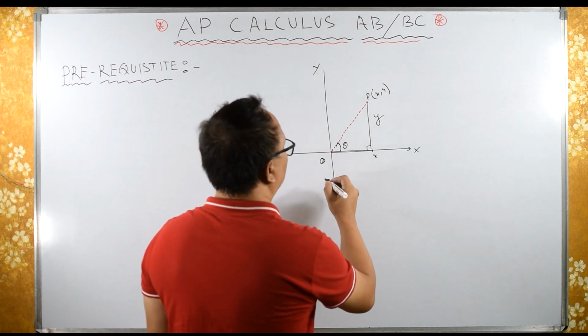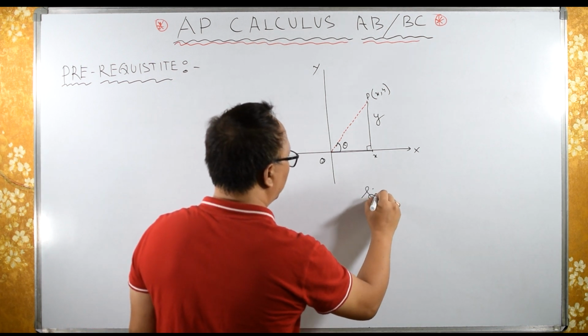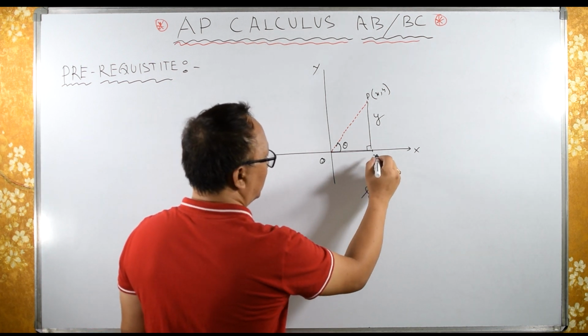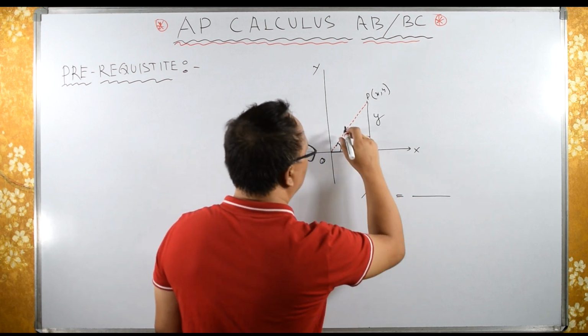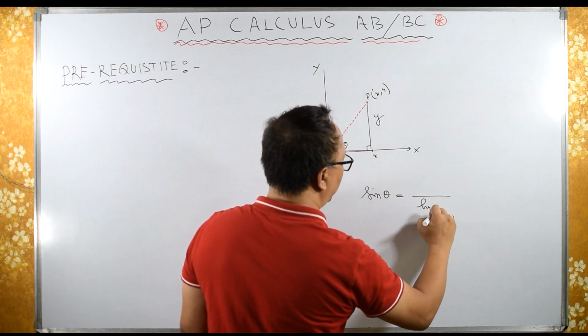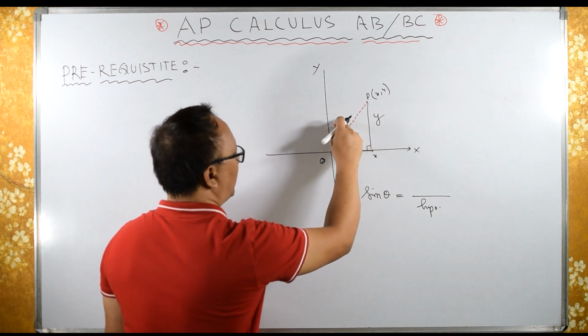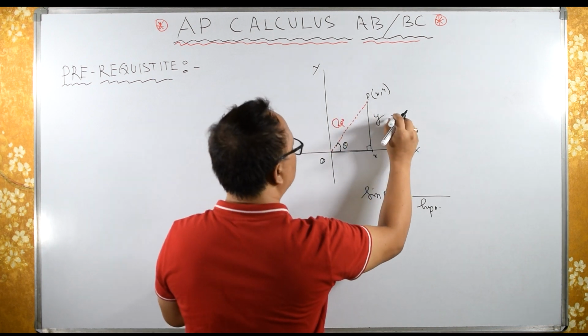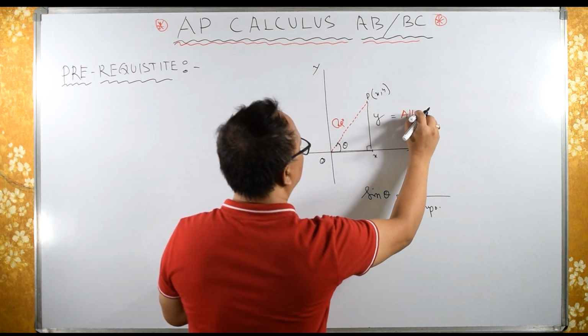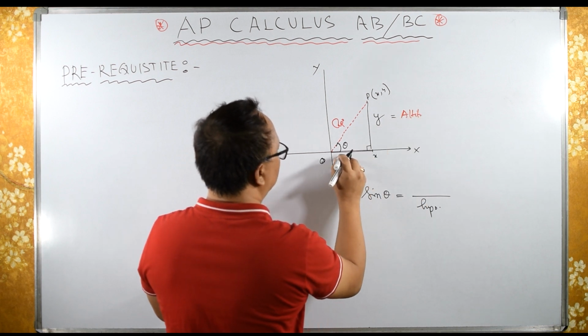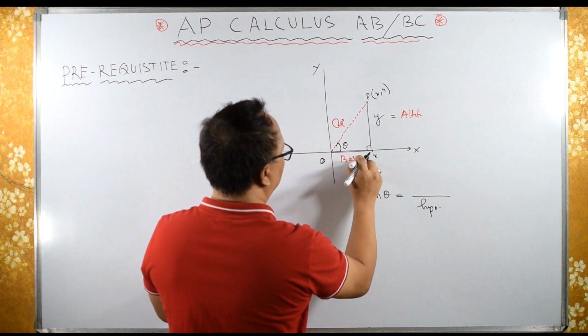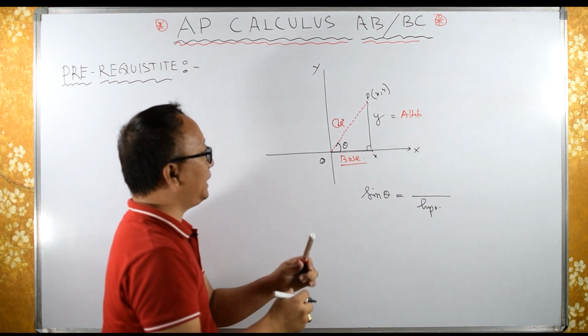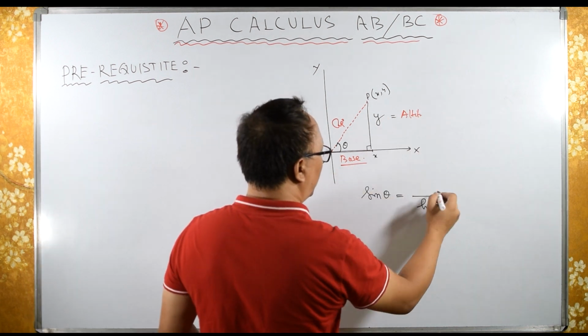then sine of theta is equal to, this is what? This we call the hypotenuse, and this is the altitude, or this is the base. Sine of theta is given by altitude upon hypotenuse.